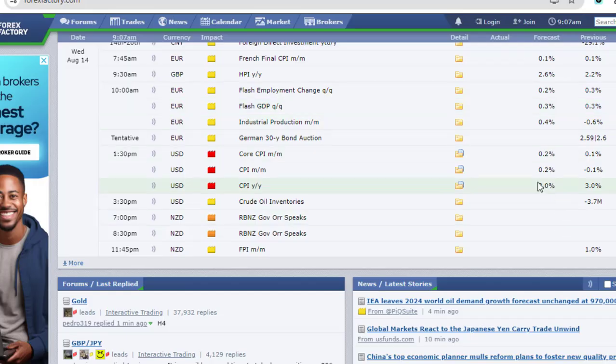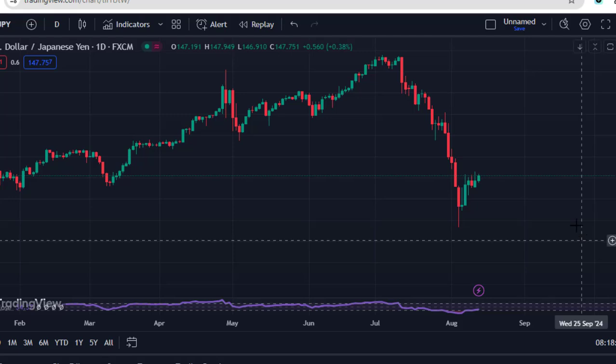If you look at this very area, we have the forecast of 0.2 for the month-on-month and 3.0% for the year-on-year. Now, if this CPI data, which is the actual, comes out a little bit lower, okay, than the forecast, it's supposed to be bad for the currency, which means JPY is supposed to gain strength.